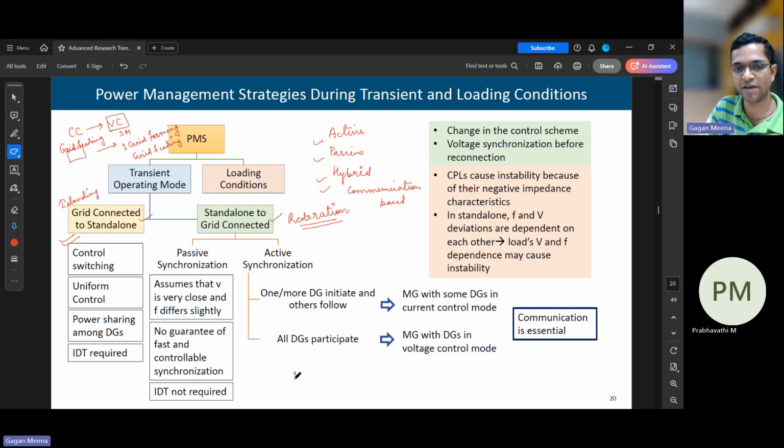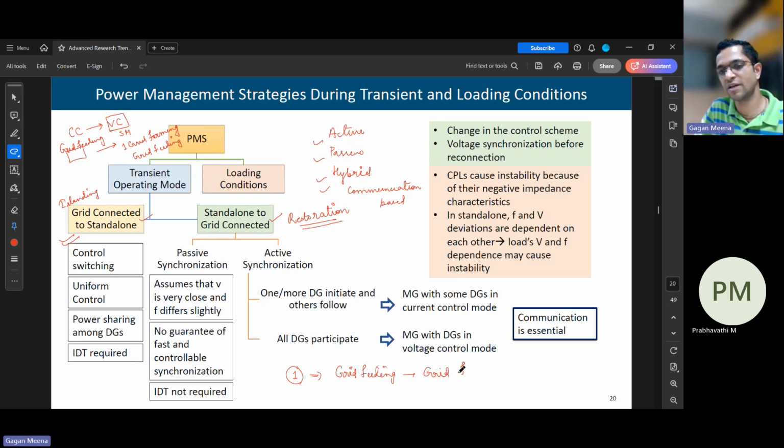So that one particular DG, we want to change its operation from grid feeding to grid forming.